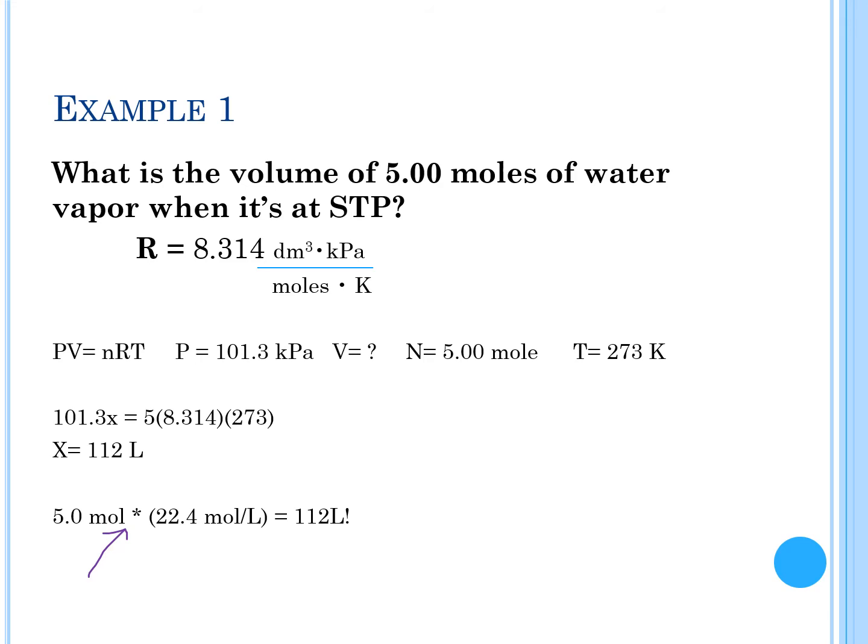But just to show you how our ideal gas law is applied, we plug in 101.3 as our pressure, X, our volume is unknown, 5 is our number of moles, times the gas constant, times 273, that's 0 Celsius in Kelvin, our standard temperature. Plug it all in, we get 112 liters, we get the same value.